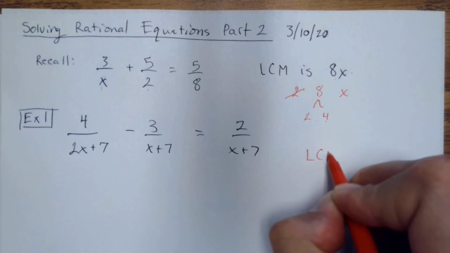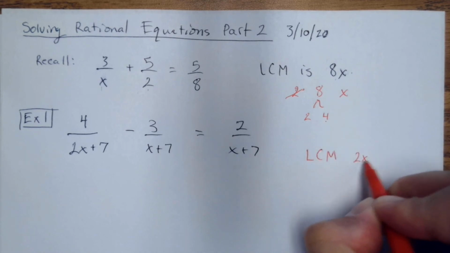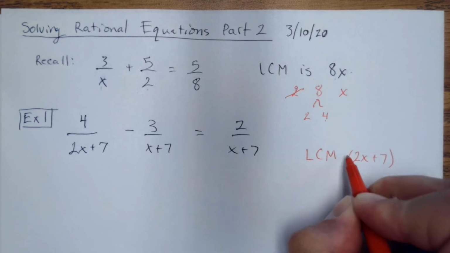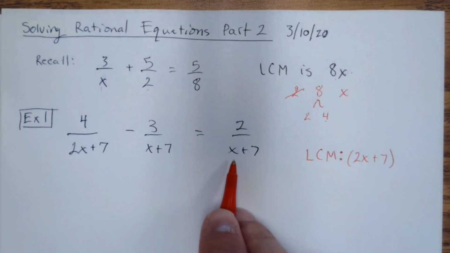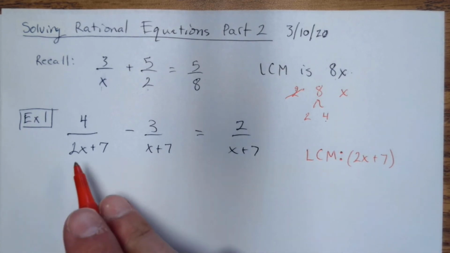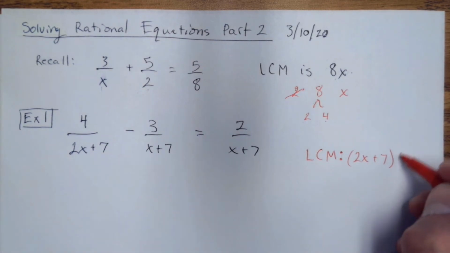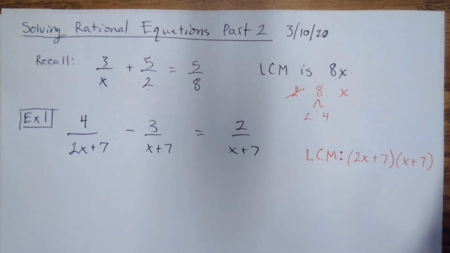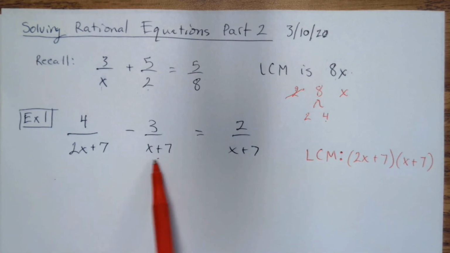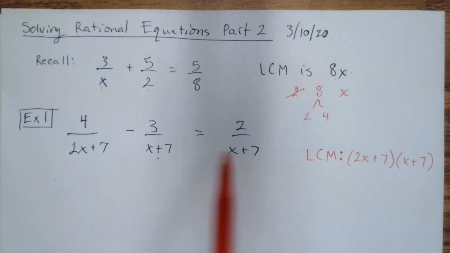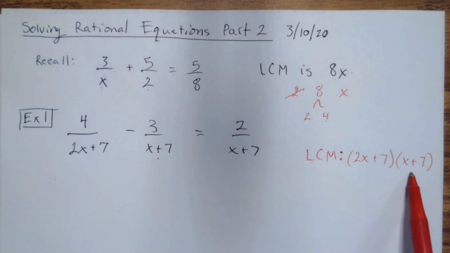So the least common multiple is 2x plus 7 and a regular x plus 7. Even though we have the plus 7, the 2x makes this whole entire thing different. So x plus 7. That's the least common multiple here. You're just trying to find something that contains all the pieces from the denominator. We don't have to write the x plus 7 twice. It's just repeated here. So we still only have to write it once.